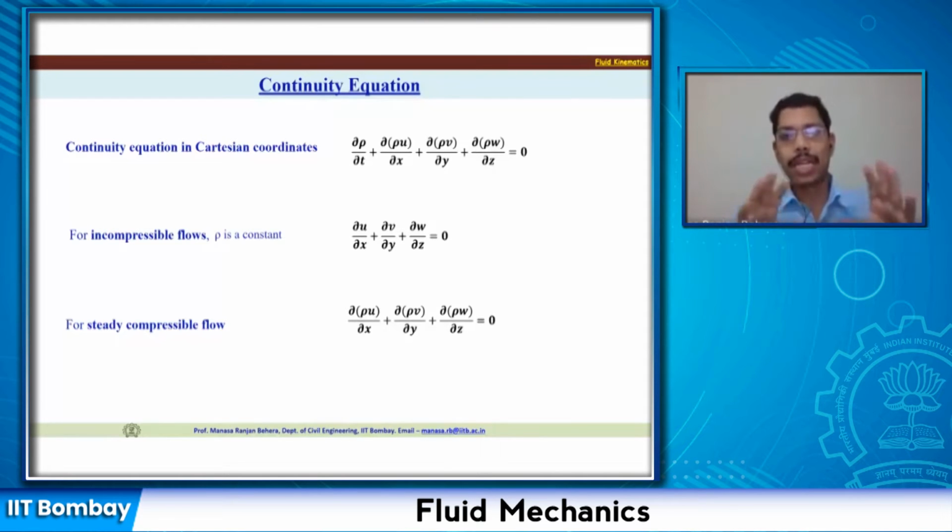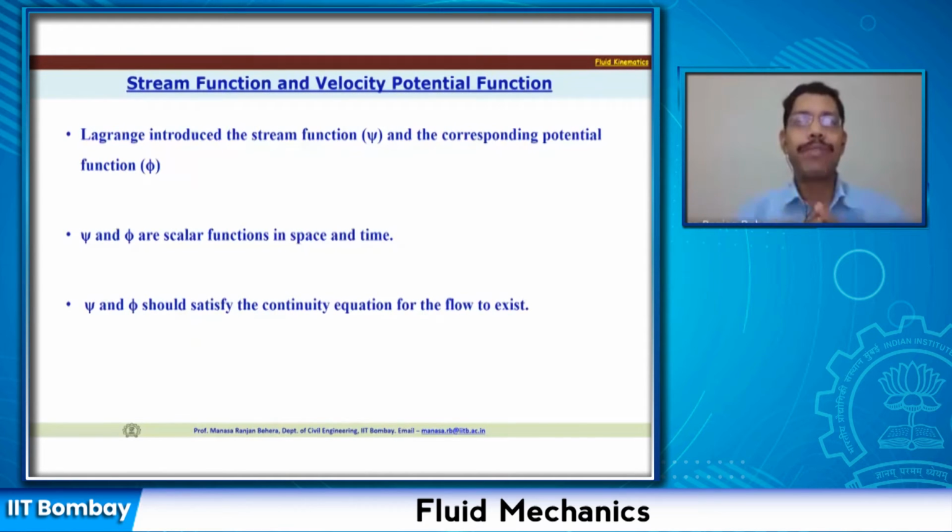So we have already seen the continuity equation. Now let us look at the next concepts of stream function and velocity potential function. These functions were initially introduced by Lagrange, and these functions are denoted with standard notations.